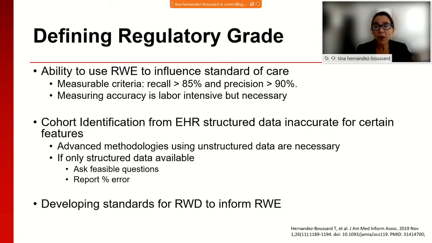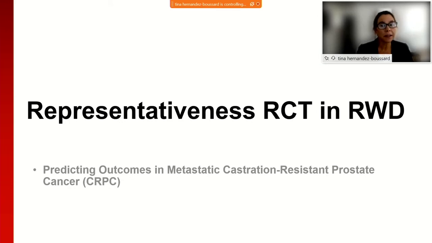So next, I want to show you another example of how we use real-world evidence to look at representativeness of randomized controlled trials. And for this one, I'm going to use an example of prostate cancer, but you can imagine you could do this for any clinical trial.